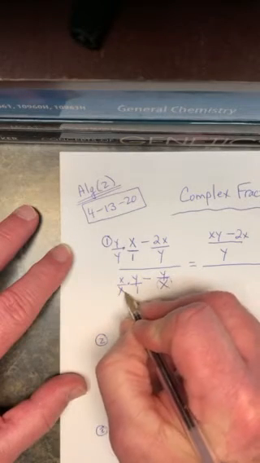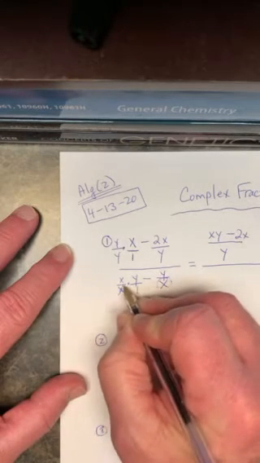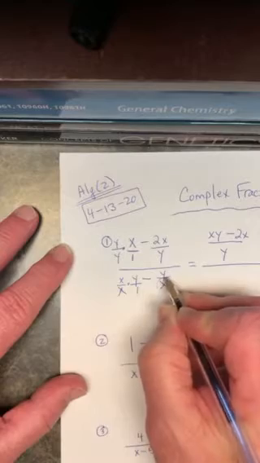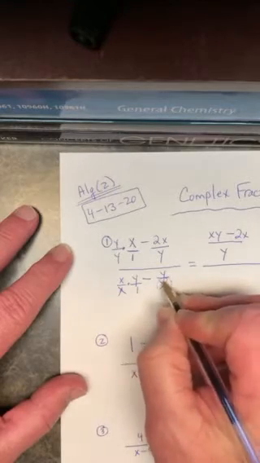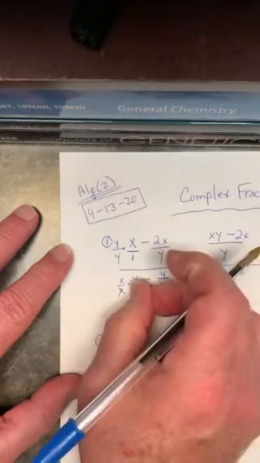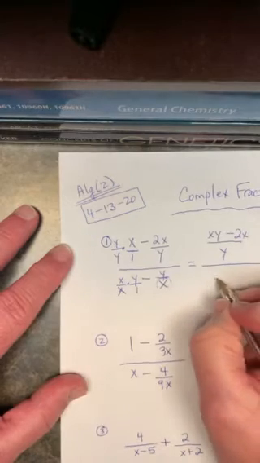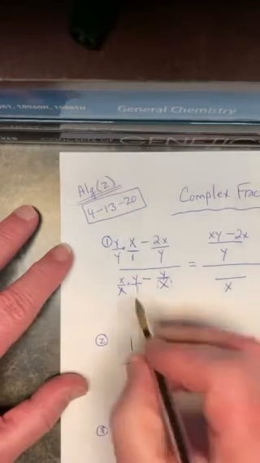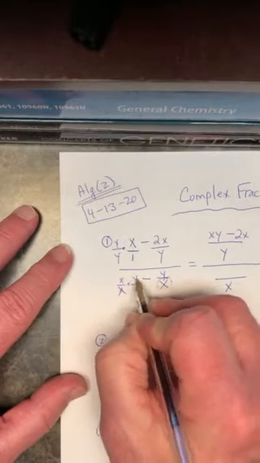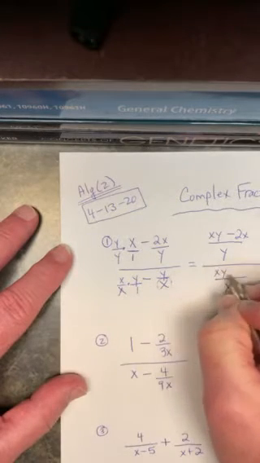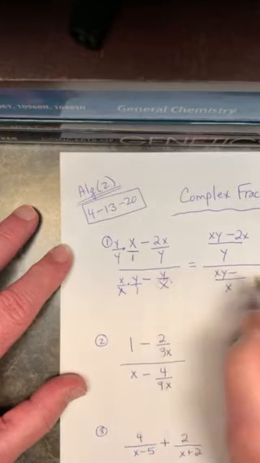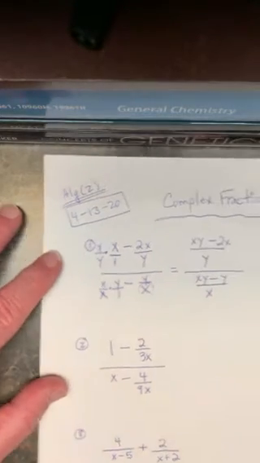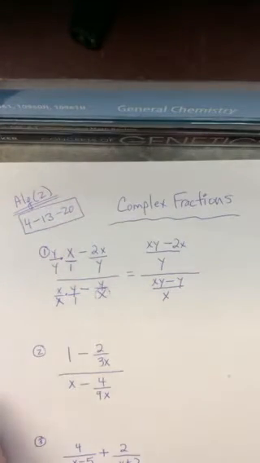Agreed? So this denominator will be an x minus, and then this fraction has a denominator of x. So I can combine them together into one fraction whose common denominator is x. And up top, since we had x times y, we've got xy minus, of course, the letter y. Okay, so far so good.